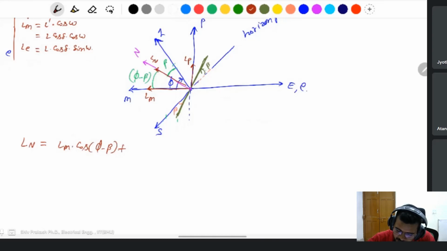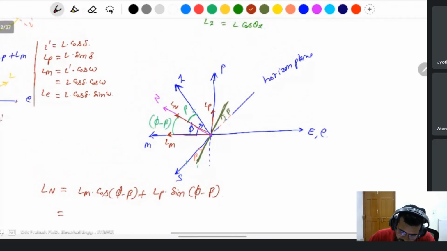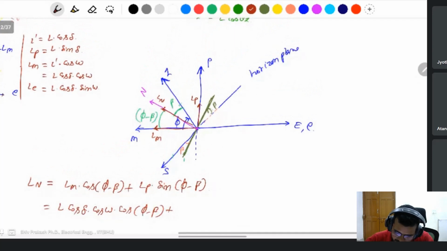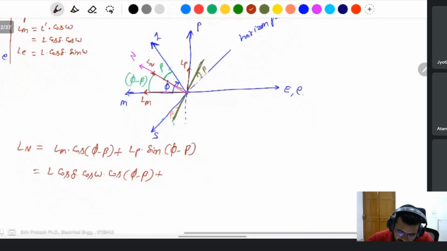Plus Lp. Lp and Lm are displaced by 90 degrees, so this angle will be phi minus beta, and this angle will be 90 minus phi minus beta. The same thing, this will be Lp into sine of phi minus beta, where Lm is L cos del into cos omega into cos phi minus beta, and Lp is L sin del.